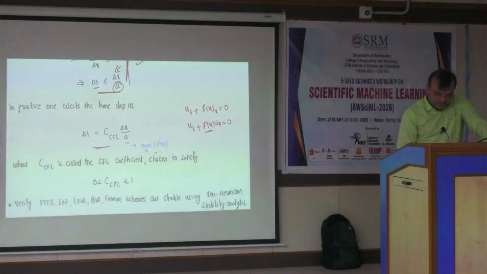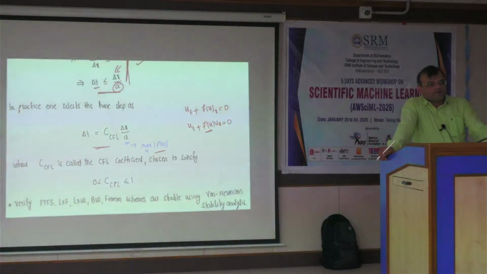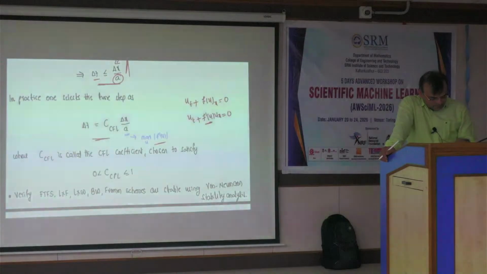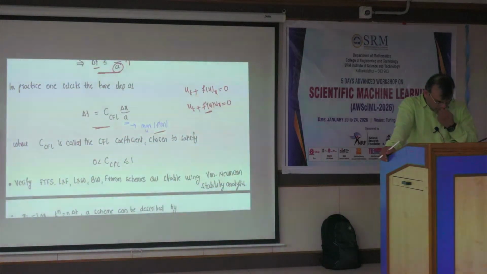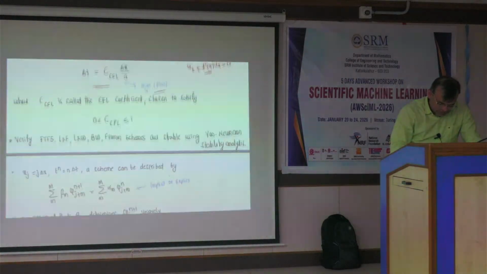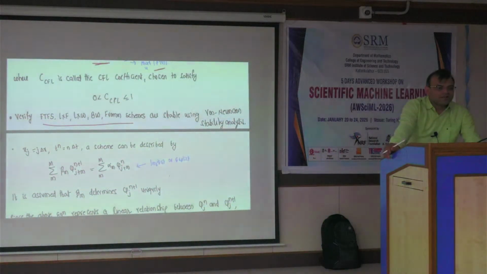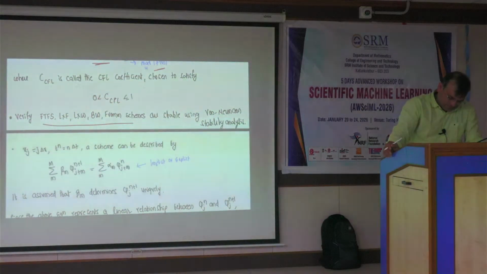So you need the maximum of this f dash of u over the function u within the domain. So rather than a constant, for variable coefficients you have to find the maximum values. This is the generalized setup for practical problems. Similarly, you can also verify whether all other schemes are stable or not by the Fourier series.